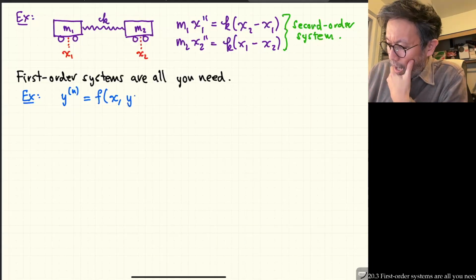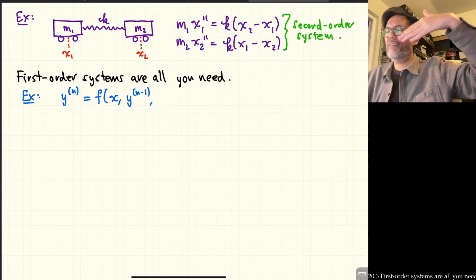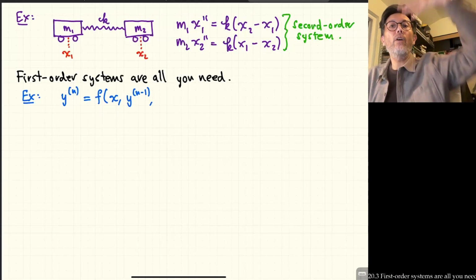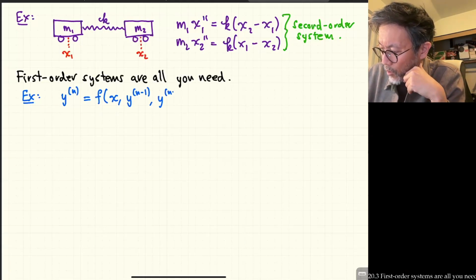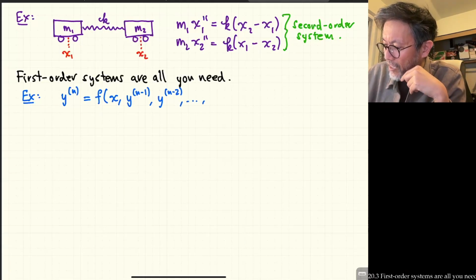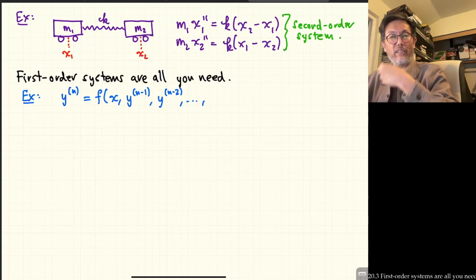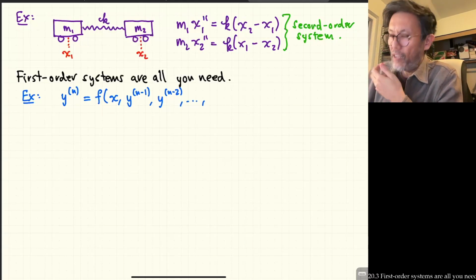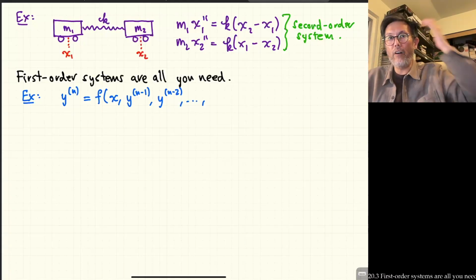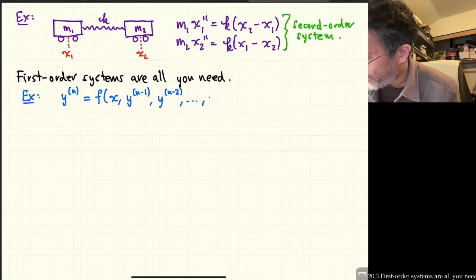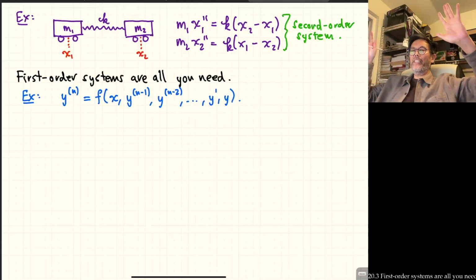So the n minus first derivative of y, the n minus second derivative of y, all of these are input to this function f. You have the first derivative of y, and then you have y itself.